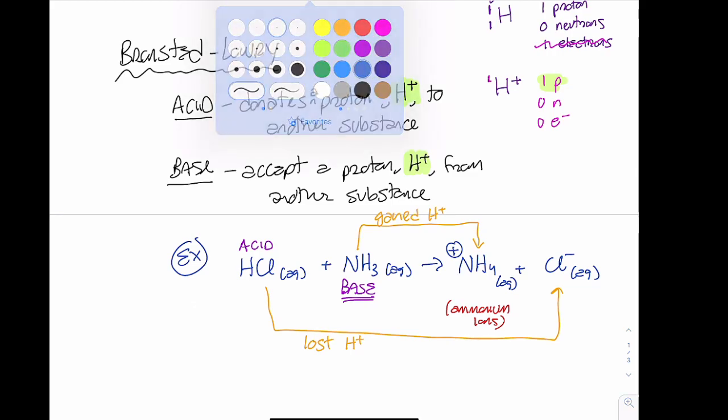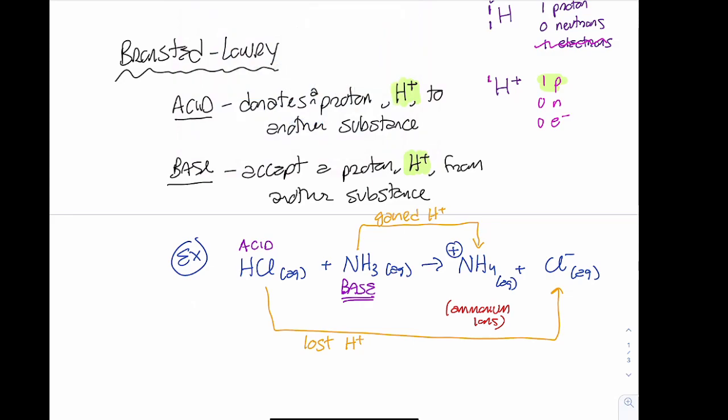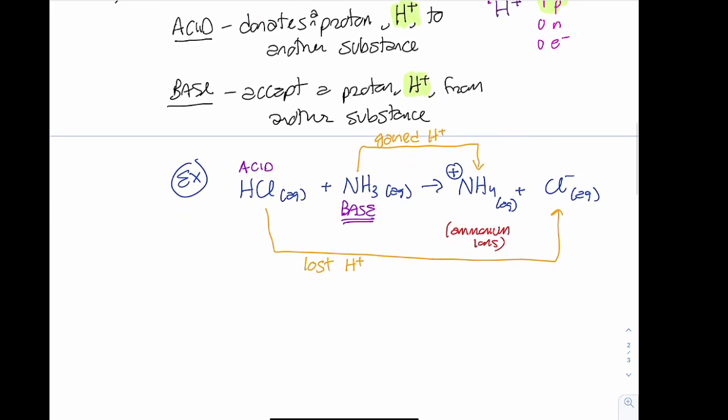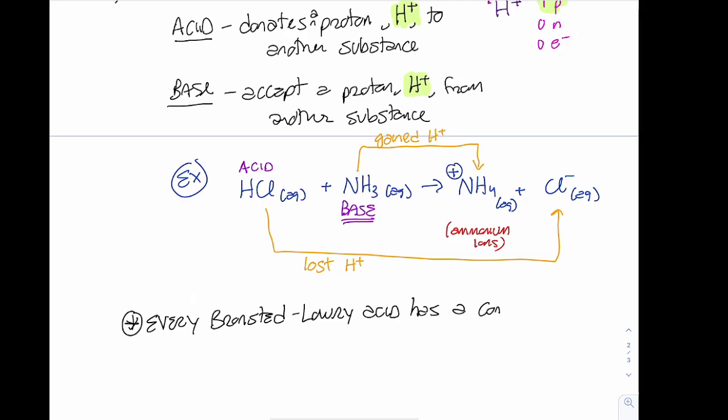Because they always occur together, Bronsted-Lowry acids and bases, we can define conjugate acid-base pairs. So every Bronsted-Lowry acid has a conjugate base.